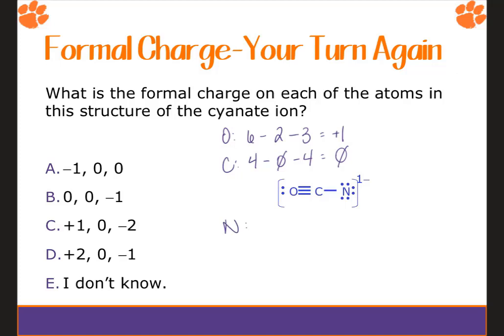And last but not least, the nitrogen, continuing to have 5 valence electrons. Here we have 1, 2, 3, 4, 5, 6 lone pair electrons and 1 bond. So 5 minus 6 minus 1. That's going to give us a -2 formal charge on the nitrogen. So our correct answer here is going to be letter C.